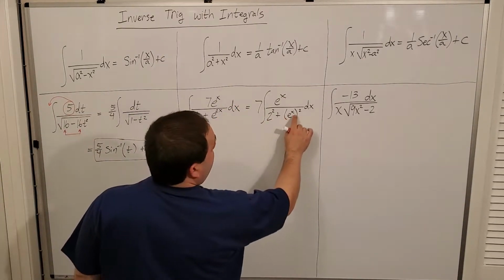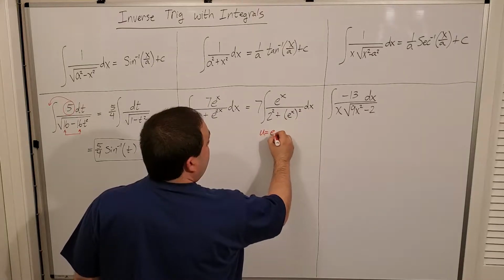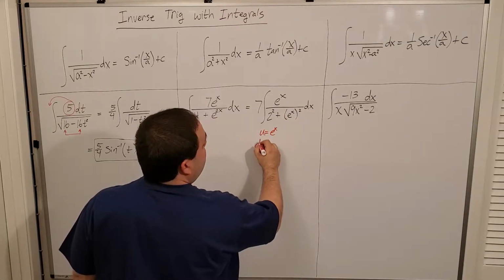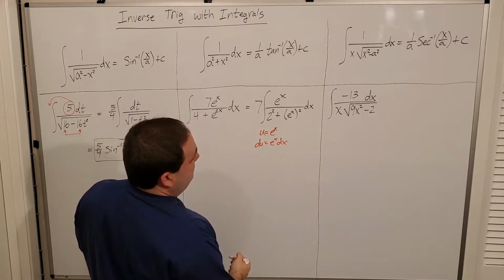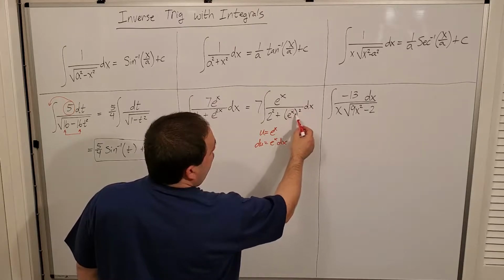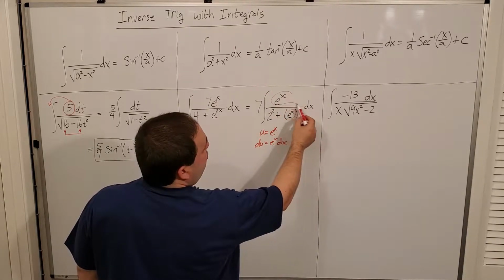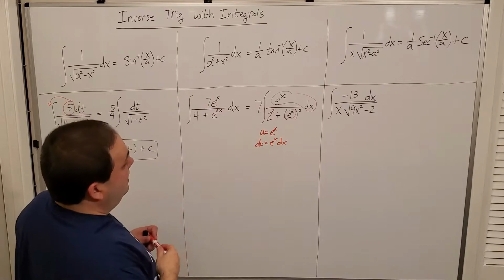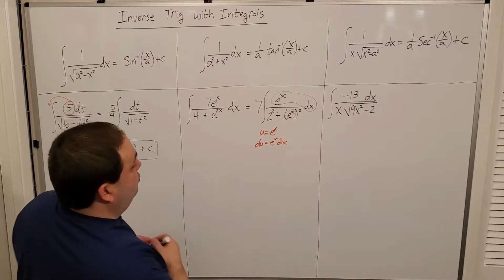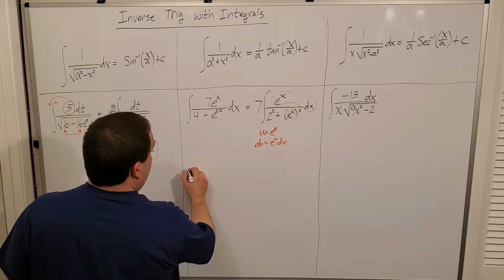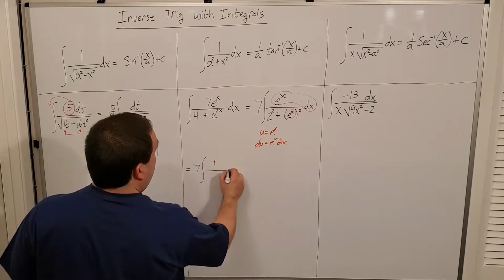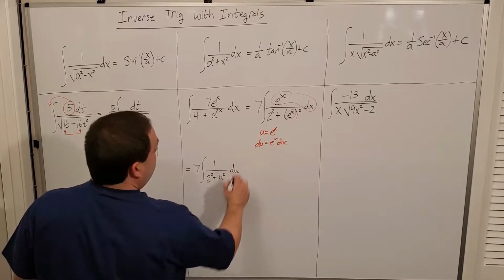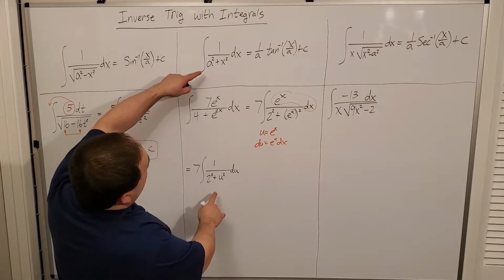Look, right here, if I just let u equal e to the x, then du is also e to the x dx, because derivative of e to the x is itself. I have the u right here. I have the du right here. It's immediately ready for a direct substitution there. Okay, so I end up with 7 integral 1 over 2 squared plus u squared du, which is exactly what I've got up here.